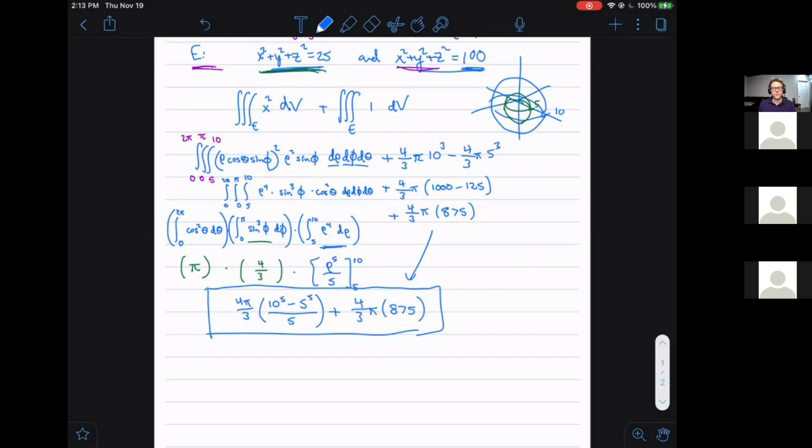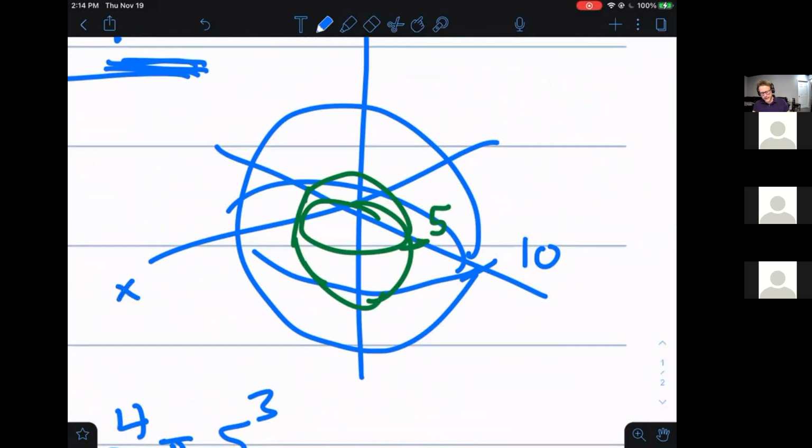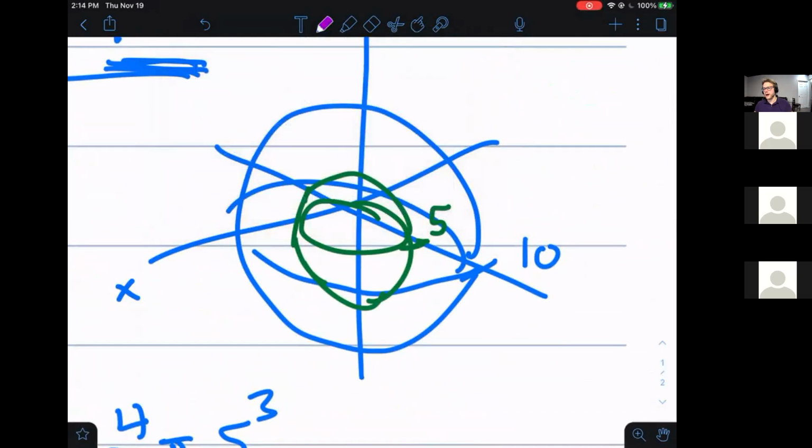So this one wouldn't be an area or a volume necessarily. This is the x-axis here. And remember, integrals are always adding something up. Because it's a triple integral, you're adding up something over a 3-dimensional region. Inside of this region, there are lots and lots of points, and all of these points have an x value, a y value, and a z value.